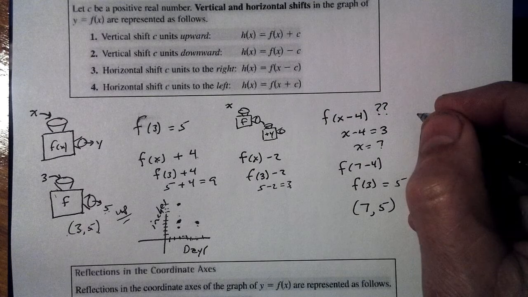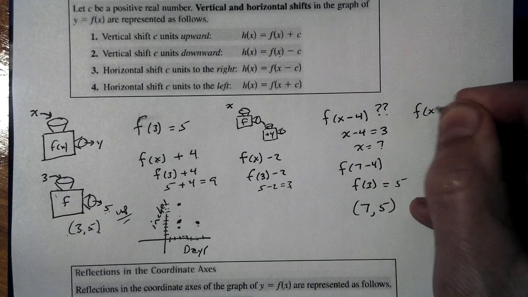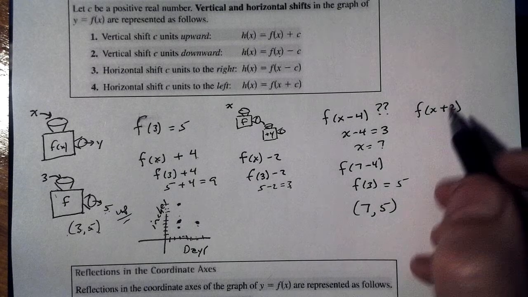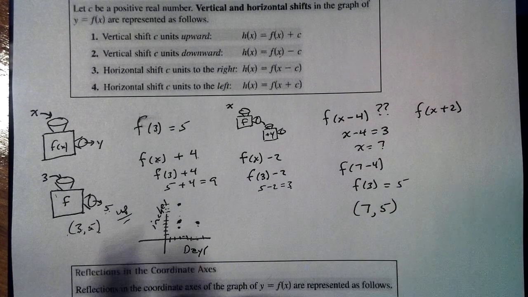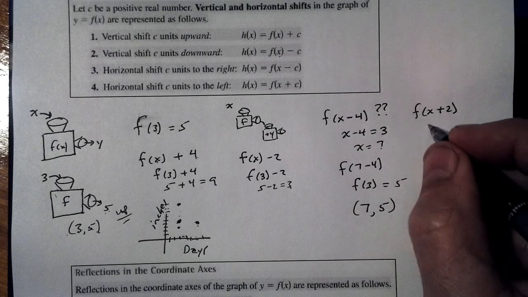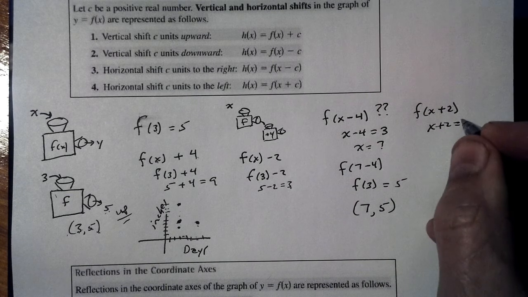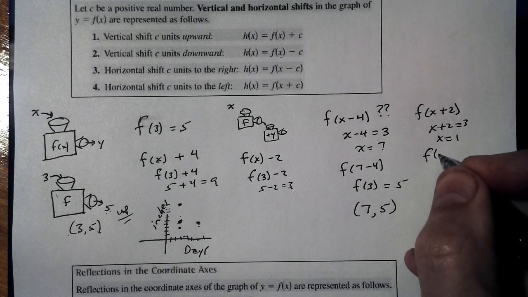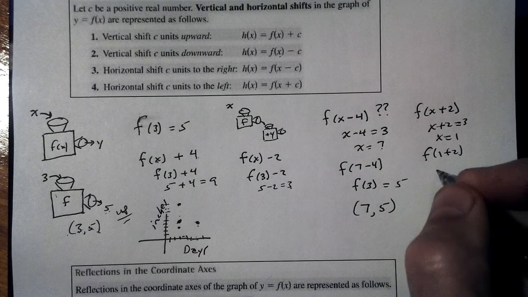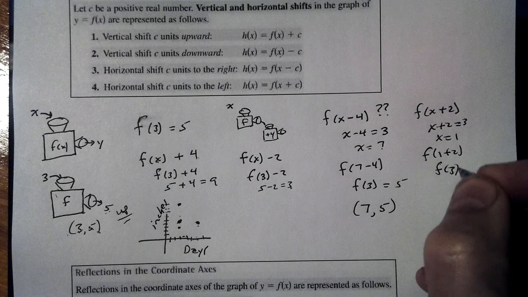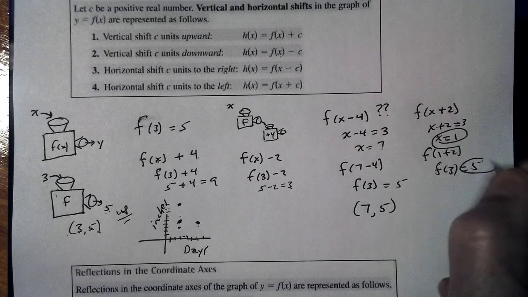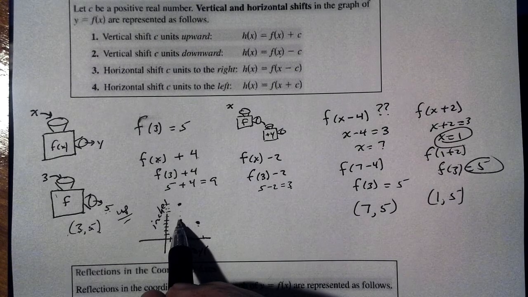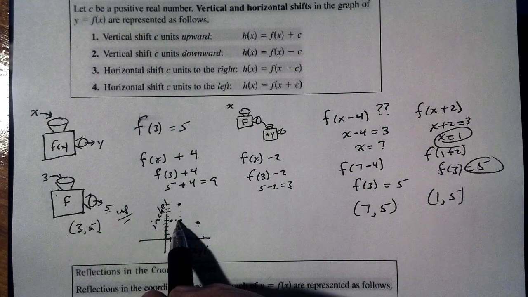Likewise, let's think of f of x plus 2, for instance. Well, we need x plus 2 for our purposes to be 3. So x plus 2 is 3, x is 1, so f of 1 plus 2 is f of 3 is 5. x is 1, y is 5, that is 2 to the left of our known point.